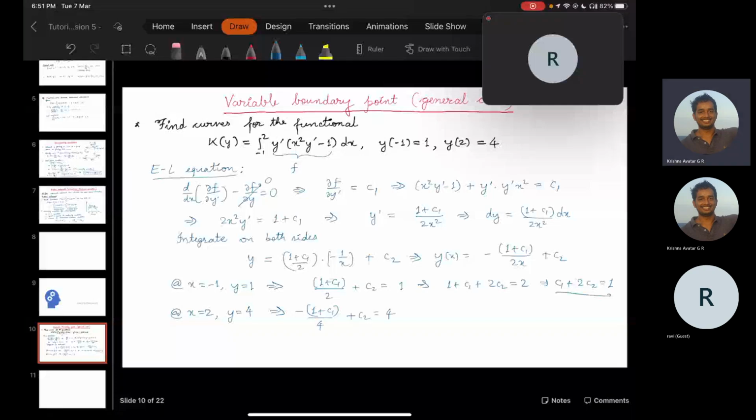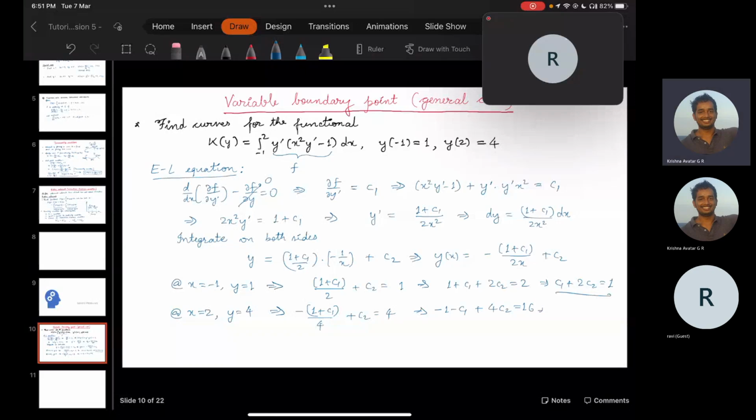And we'll multiply throughout by 4, so we have minus 1 minus c1 plus 4c2 is equal to 16. Rearranging gives us minus c1 plus 4c2 is equal to 17.